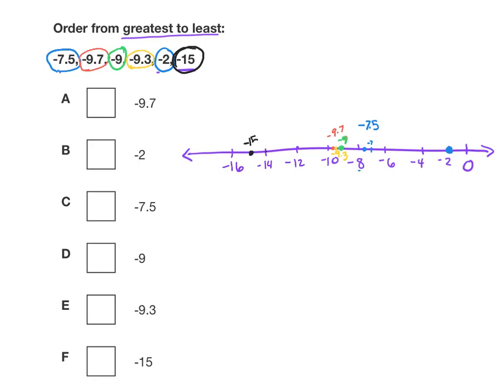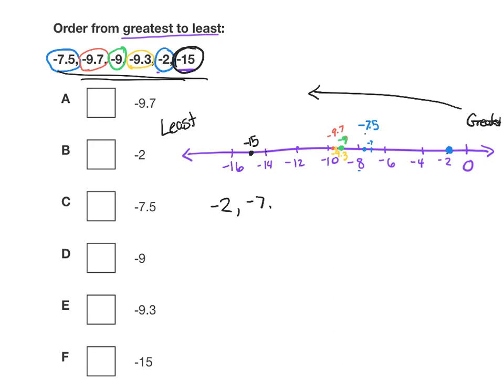So here's negative 15. All right, so it says from greatest, which is on the right, to least. So I need to go this way. The first dot that I see is negative 2. Then I keep on going. I do see a negative 7, but negative 7 was not in my order, so I don't need to put negative 7, but I do need to put negative 7.5.